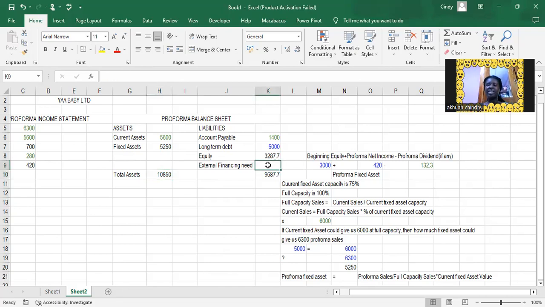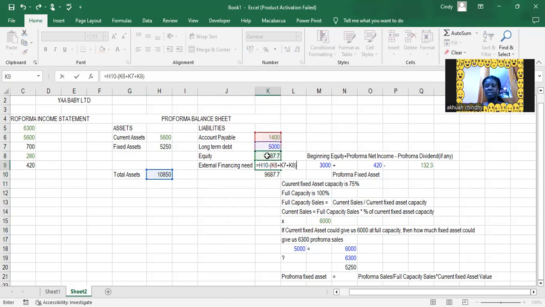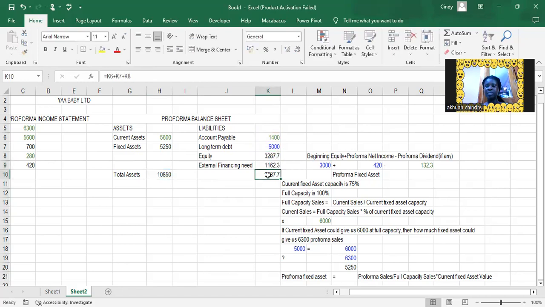So to get this, we take our assets. This should be the final value, the total for our liability side. So this total assets figure minus this account payable plus this, then this one will change to add this, and I've gotten here and here being the same.